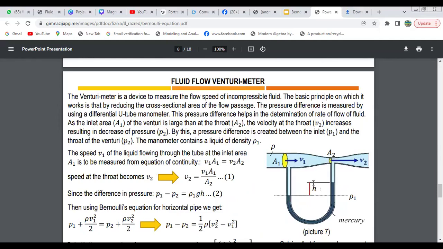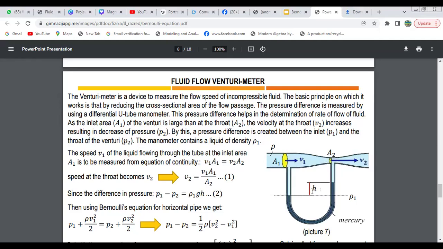The basic principle on which it works is that by reducing the cross-section area of the flow path, the pressure difference is measured by using a U-type tube manometer. This is the U-type tube, and here is the pipe. This is the A1 portion, this is the A2 portion. This is the bigger diameter, this is the smaller diameter. Here velocity B1 and here velocity B2.